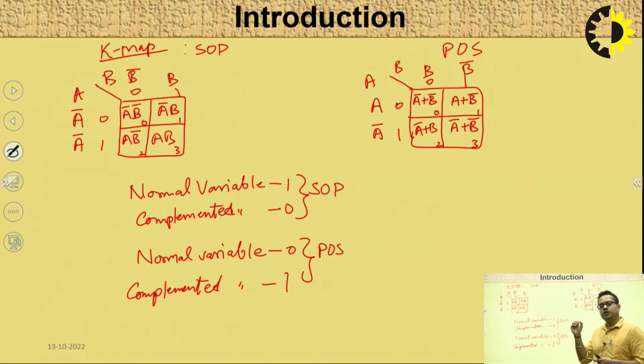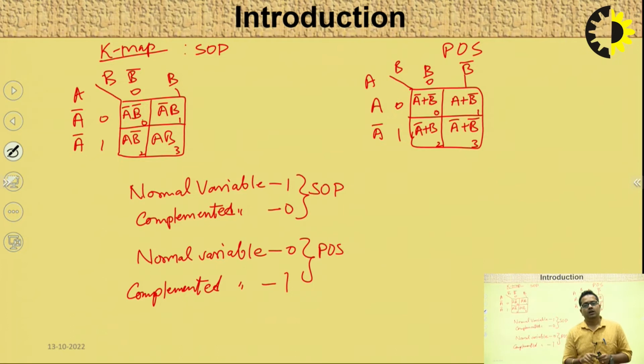The thing that discriminates binary from gray code is whenever you have more than one variable on the row side, or more than one variable on the column side. That picture comes into existence if you are talking about 3 variables or more than 2 variables, and then gray code comes into the picture.